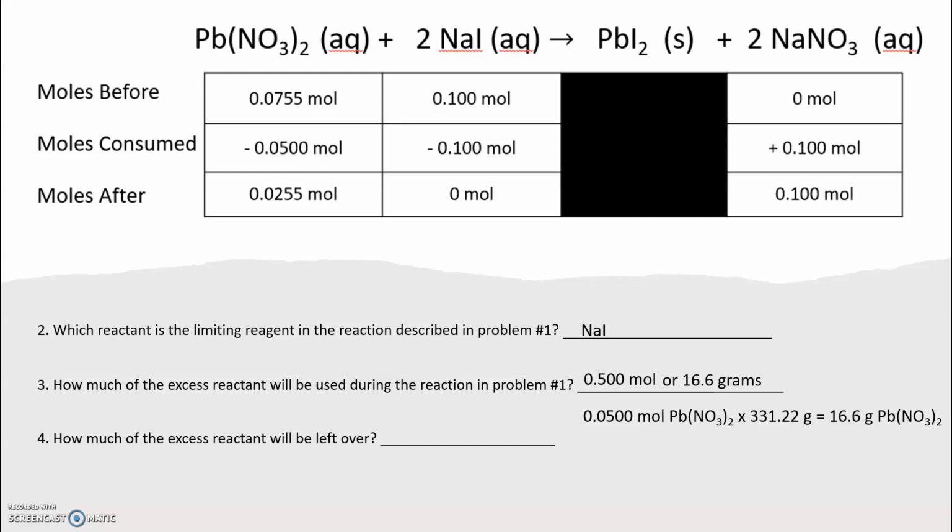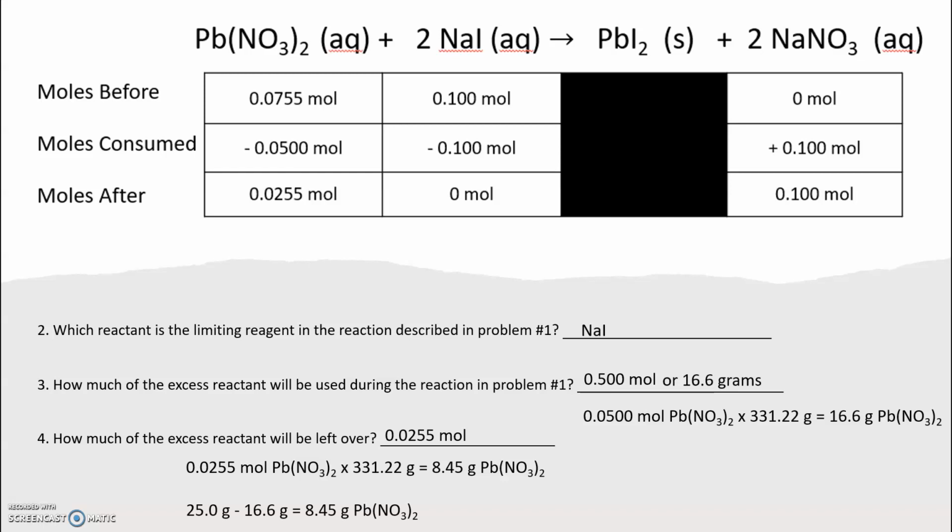That leaves us with 0.0255 moles of excess reactant that is left over or extra. Similarly to our last problem, we can also convert this from moles of lead nitrate to grams by multiplying by the molar mass, and that gives us a grand total of 8.45 grams of lead nitrate.